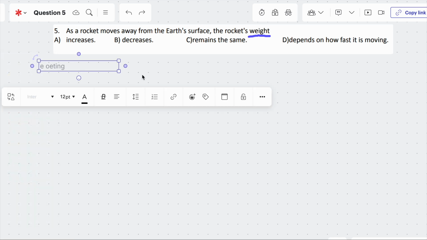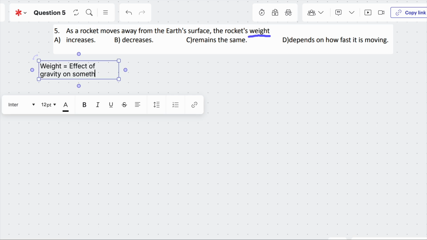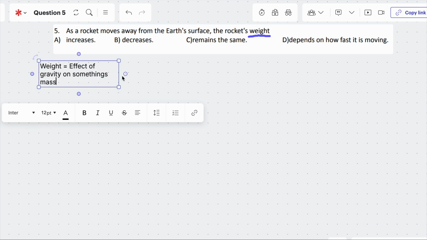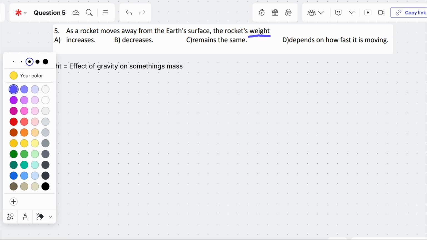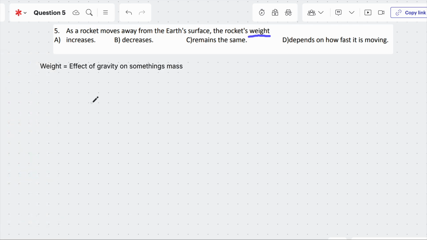Okay, so weight is the effect of gravity on something's mass. Sweet. Okay, now we can go back to our marker. So it's the effect gravity has on something's mass.